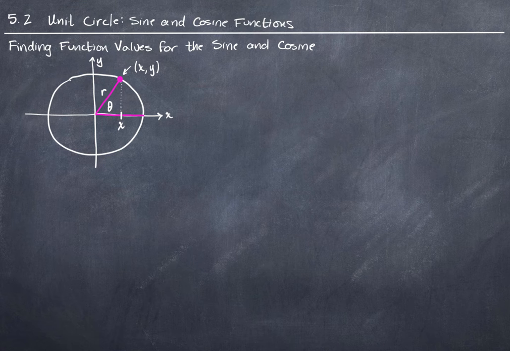And if I draw a horizontal line, it will tell me how far I have to go in the vertical direction to get up to the height of that point. So without the circle here, I could just say x comma y, those are the coordinates of that point. But the point of this particular video is that we're going to name these coordinates now. We're going to define the sine and the cosine based on these coordinates.